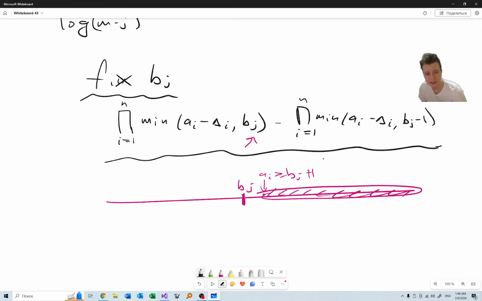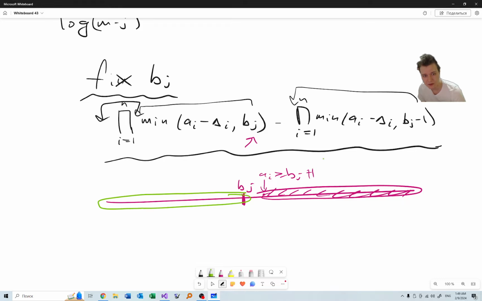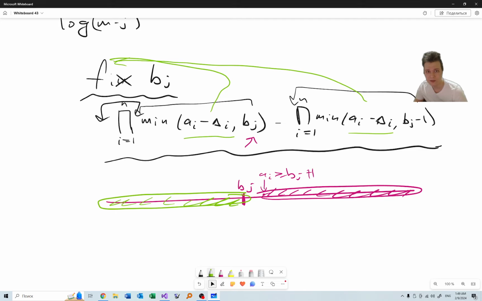So we can write it here before the product sign. But if the number is bj or less, then ai minus delta I is always the minimum. And in this case, it can be fully eliminated out of this product and put here.